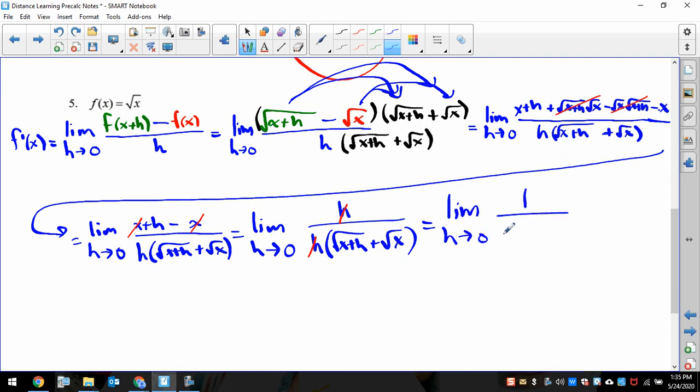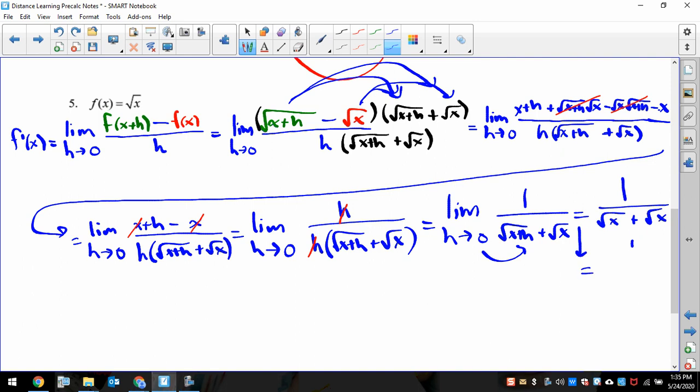So let's rewrite one more time, the square root of x plus h plus the square root of x. So this is going to be 1 over, when we plug in 0 for h, square root of x plus the square root of x. And the square root of x plus the square root of x, this is one square root of x, and this is another square root of x. So that's a total of 2 square roots of x.